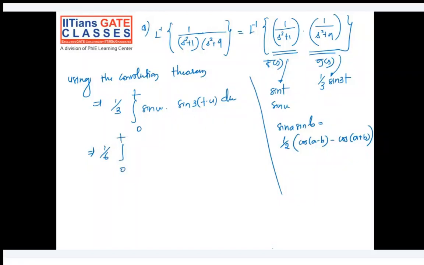Cos of A minus B is cos of (4u minus 3t) minus cos of (3t minus 2u). Okay, using this property formula.